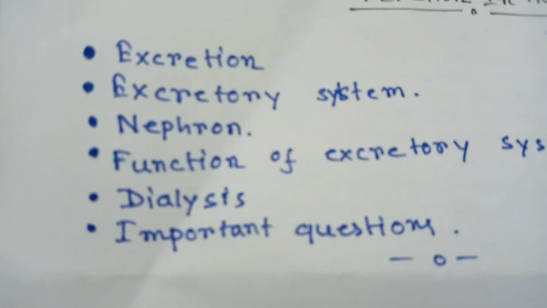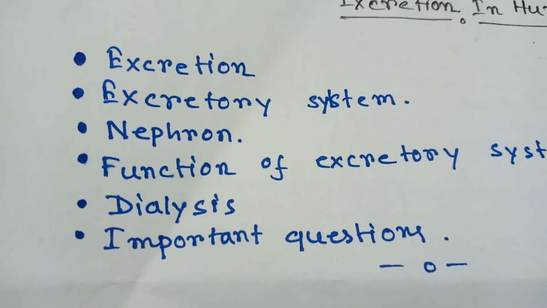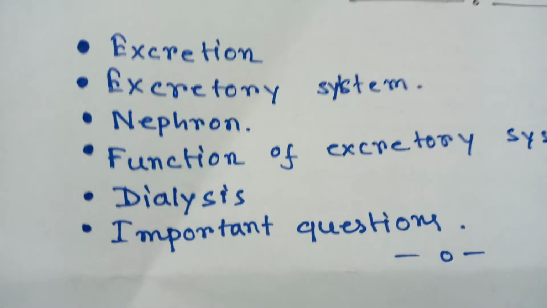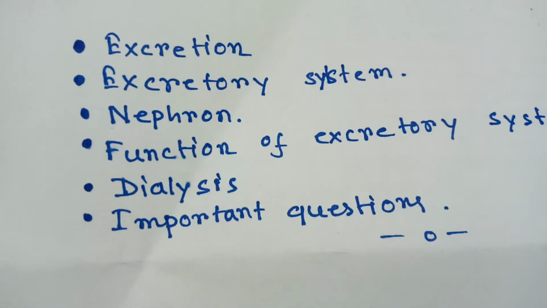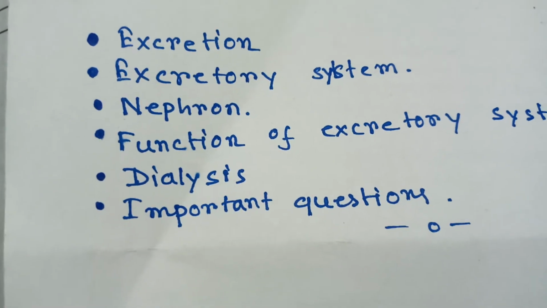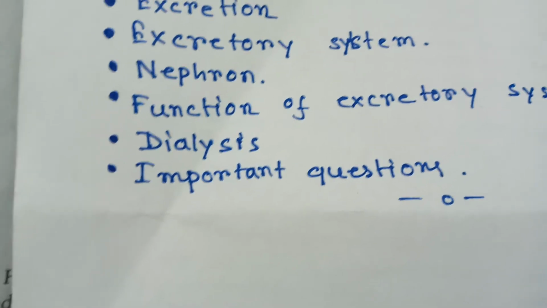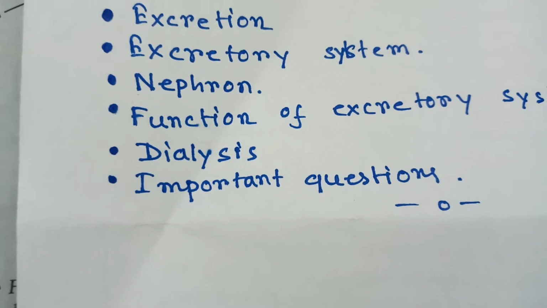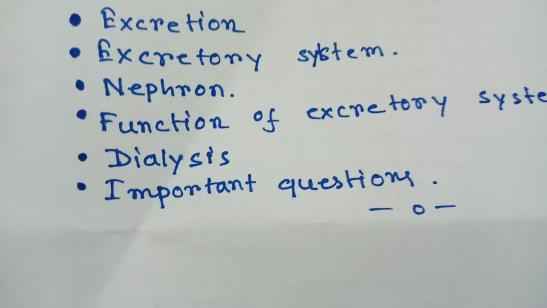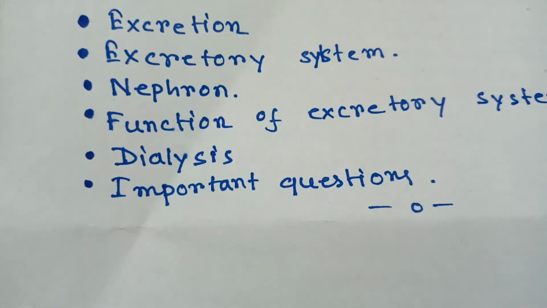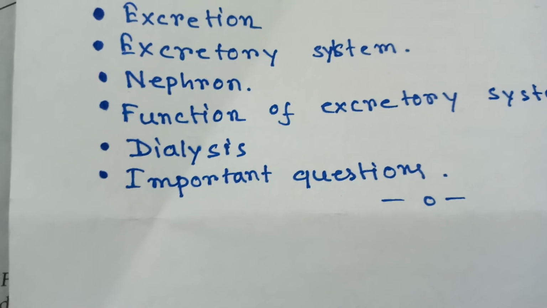Next we will see the function of the excretory system. Up to this we have understood that the function of the excretory system is to remove the waste materials from our body, and that is done by the one pair of kidneys. If a person's kidney stops working, then we can take a measure like kidney transplant.